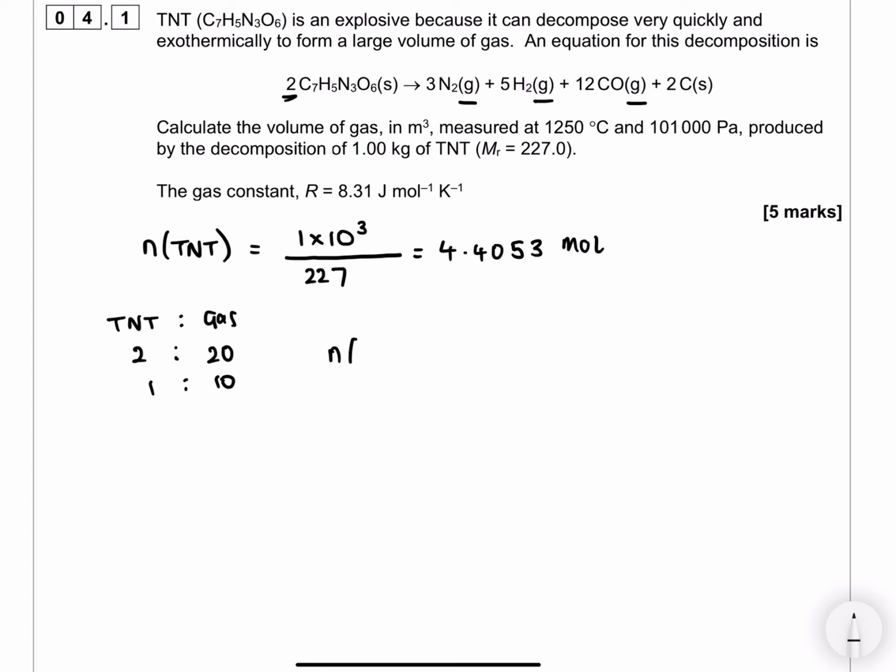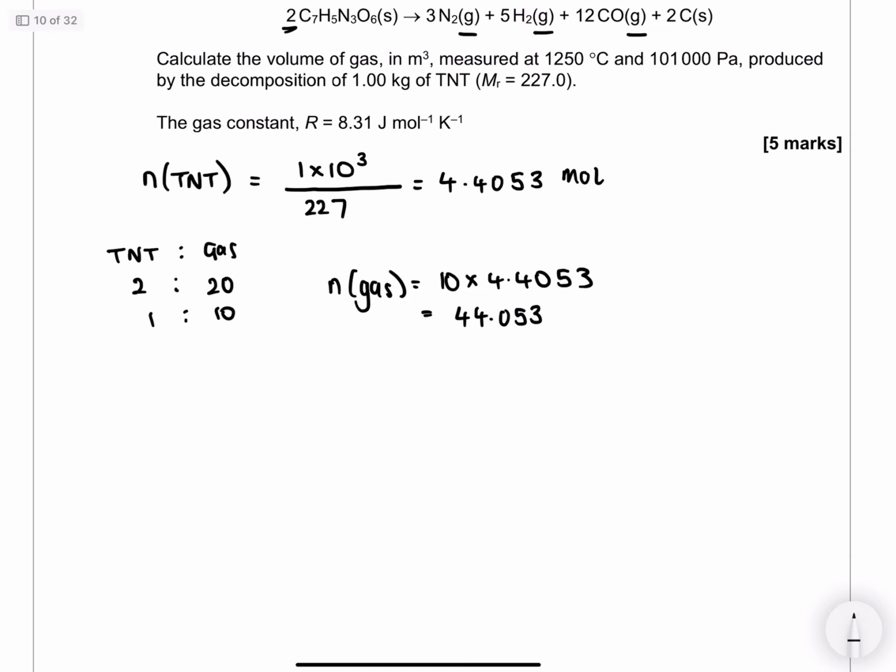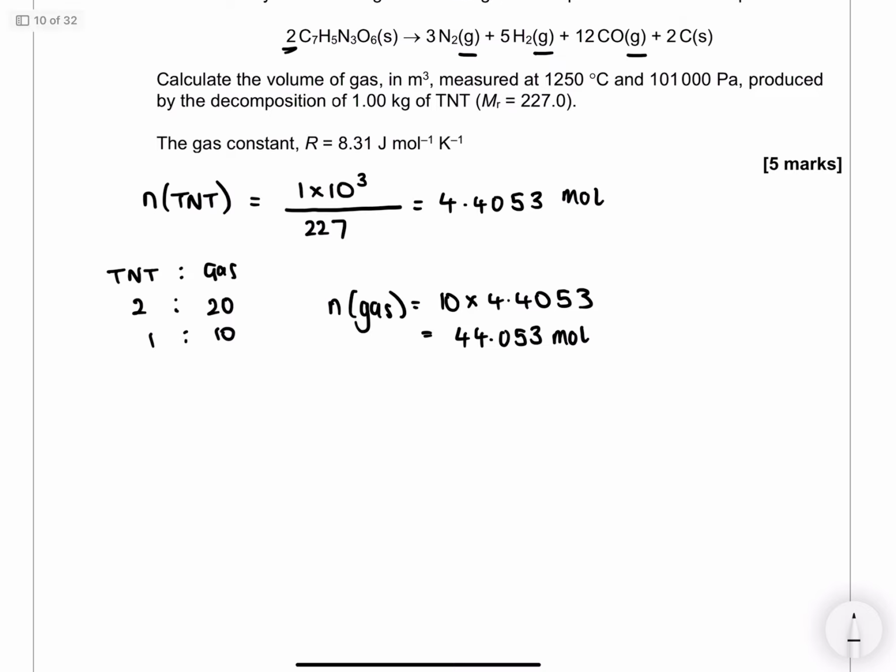So the number of moles of gas equals 10 times 4.4053. So it's keeping that on our calculator and just timesing by 10. 44.053 moles.